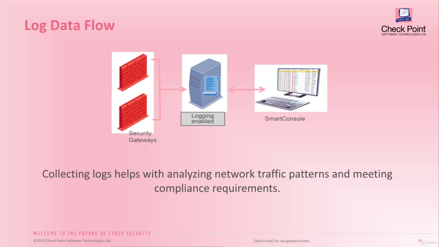So, kind of a central theme in Checkpoint is the three-tier architecture, where we have security gateways that are examining network traffic, applying your security policy to that network traffic, determining which connections should be permitted, which connections should not be permitted, or perhaps which connections we're going to allow, but we're going to watch with, say, layer 7 awareness of what is acceptable for this protocol and what isn't.